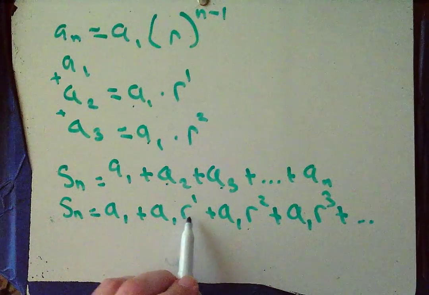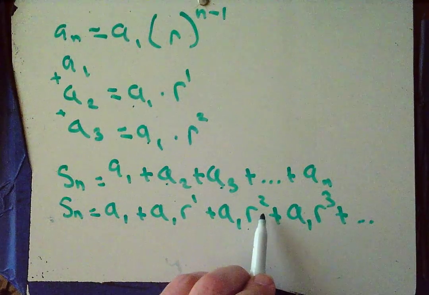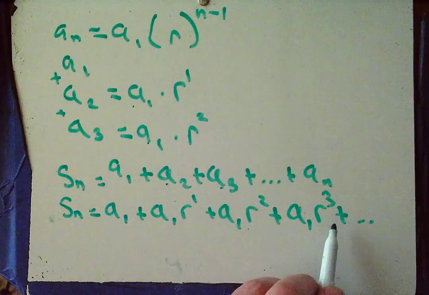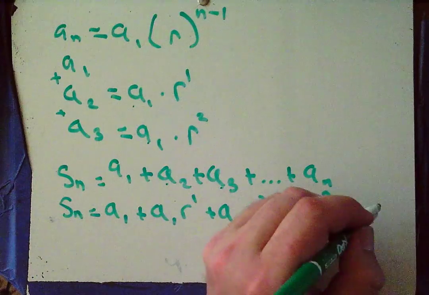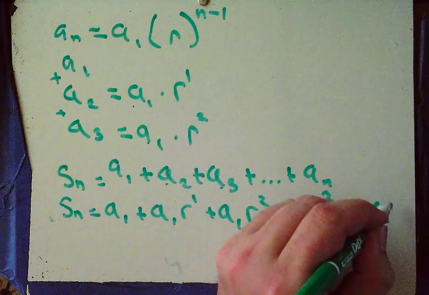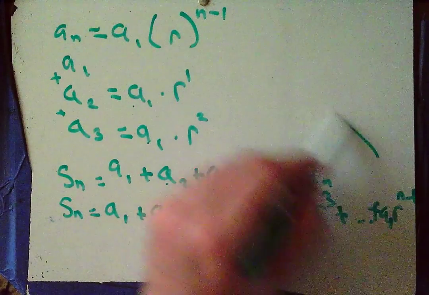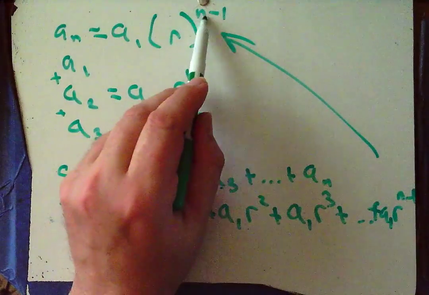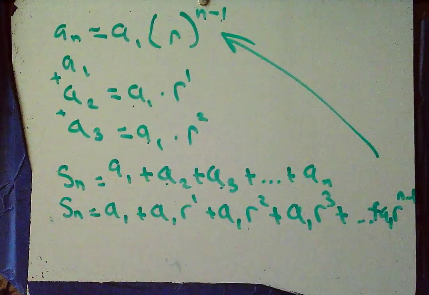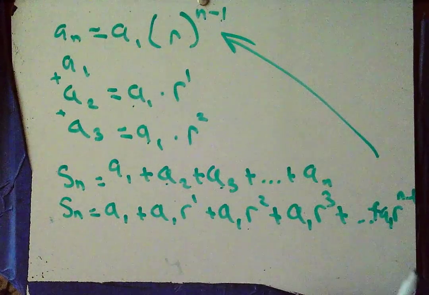This is the 3rd term. This is the fourth term. So I want here, the last one would be a sub 1 r to the n minus 1. That's our rule. So I put in a 4 there, and I end up with 3. Great. So that's what I'm adding up.